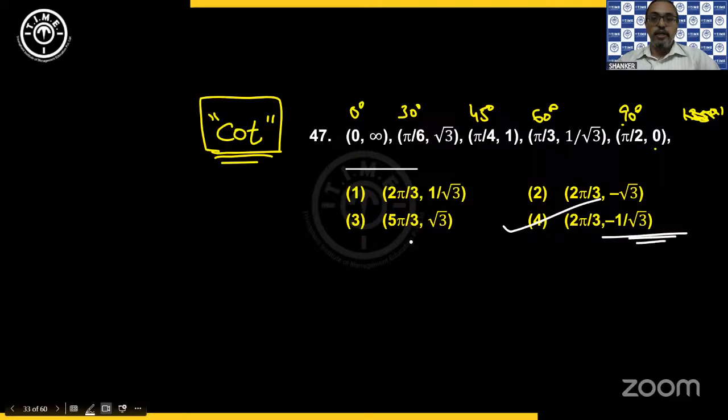So you need to be well versed with trigonometric values, because this kind of question is regularly given in the exam. At least one question is regularly given. So you need to be aware of these values. Right. These are your cot values.